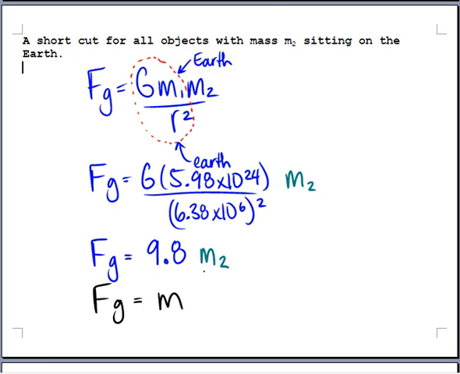We put the other mass first, and then we put a little g as opposed to a capital G. So in this case, that's the equation for all objects sitting on the surface of the Earth. It's a great little shortcut. And in this case, that little g is something called the gravitational field strength.